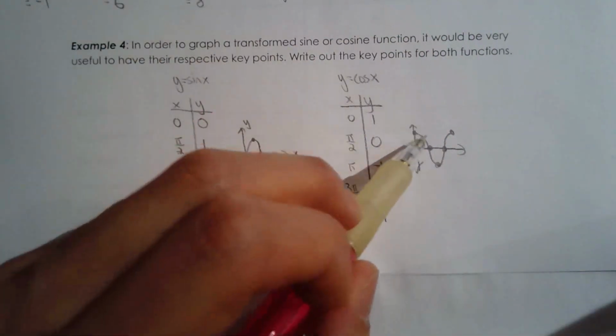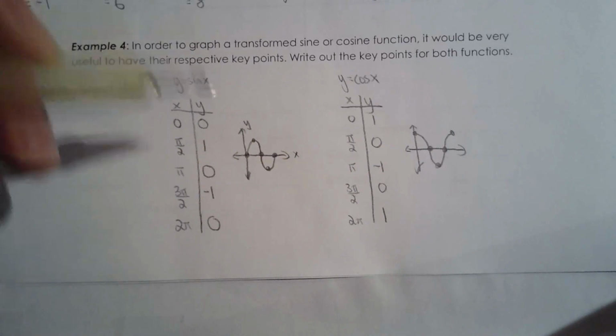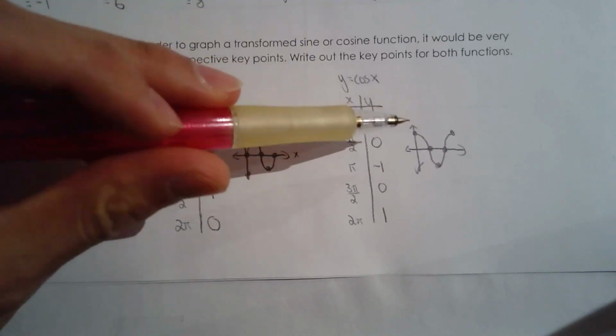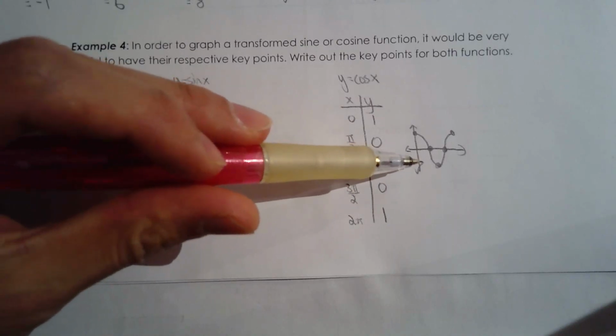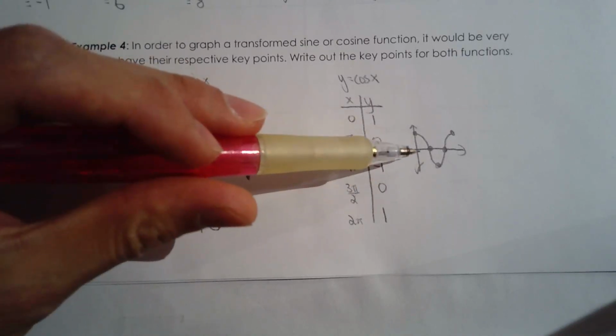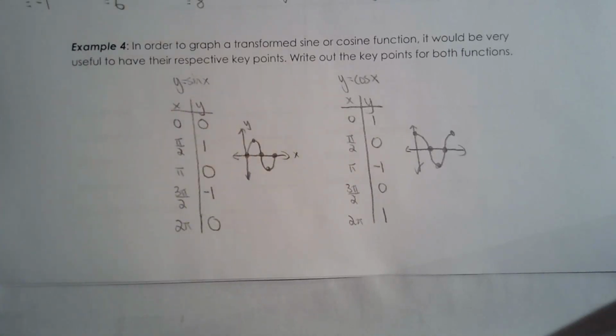Cos x starts at a maximum, and then it goes to minimum and then reaches back to the maximum to complete the wave. So cos x, you can also say may start at a minimum point, because if you apply the reflection across the x-axis, the cosine function will start at a minimum point. So be careful. Always remember that.